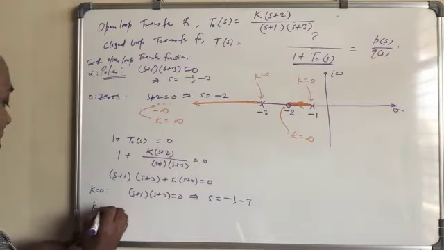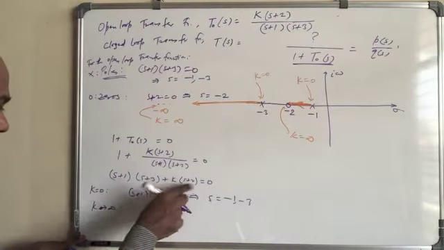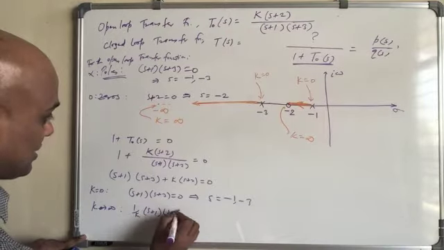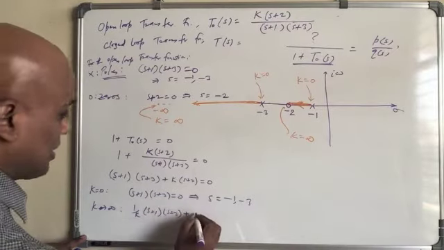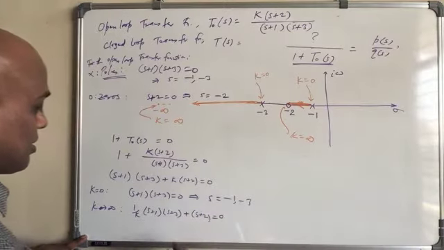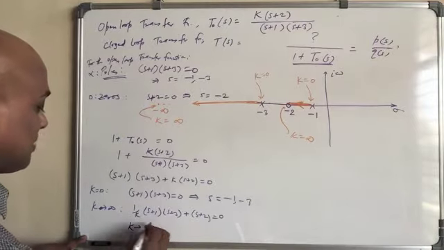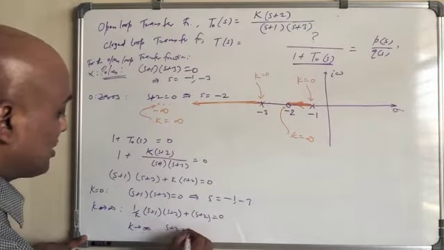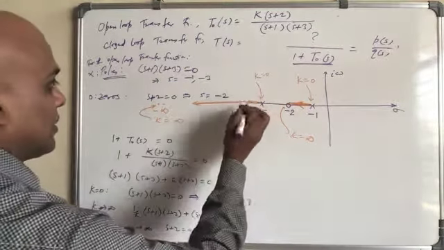Now k tends to infinity, and then what happens? In that case, divide by k. So we get 1 over k times S plus 1 times S plus 3, plus S plus 2, equal to 0. When k tends to infinity, we get S plus 2 equal to 0, and hence S equal to minus 2. What about the other root?